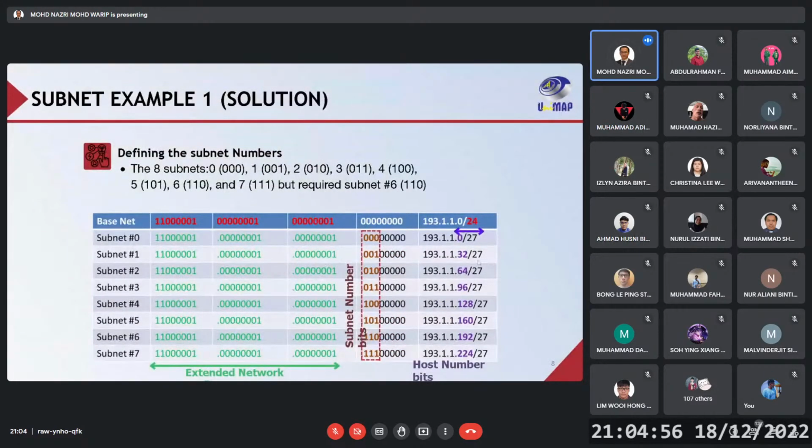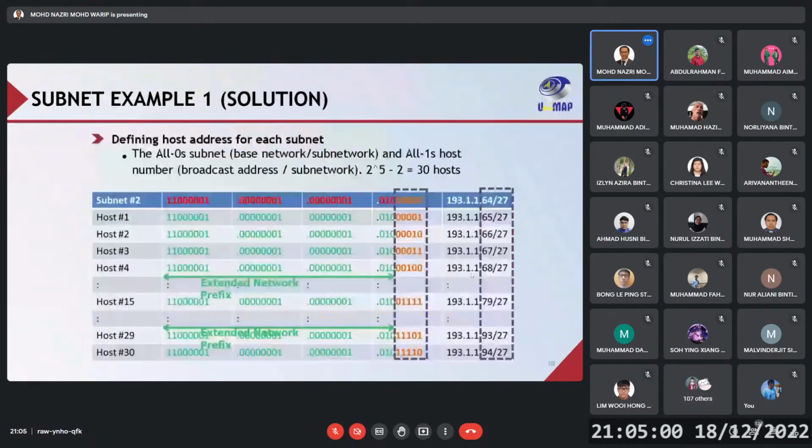This one, subnet number 2, which is 193.1.1.64. Remember, 64 we cannot use because that one is for the network route.